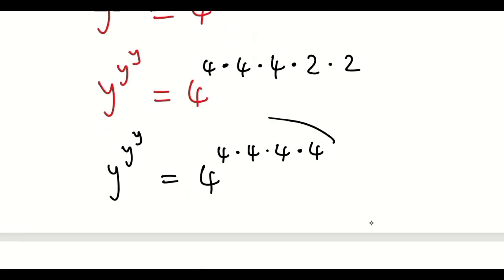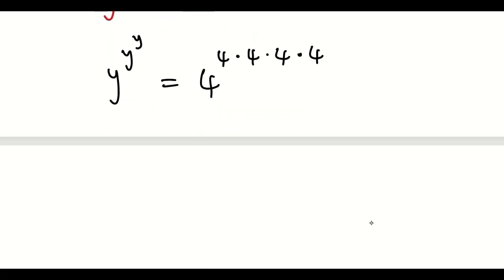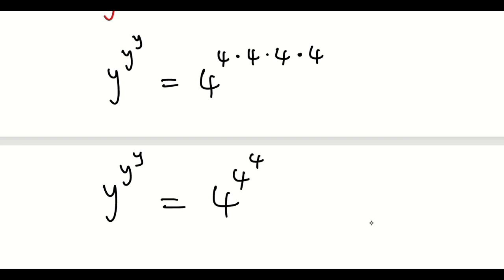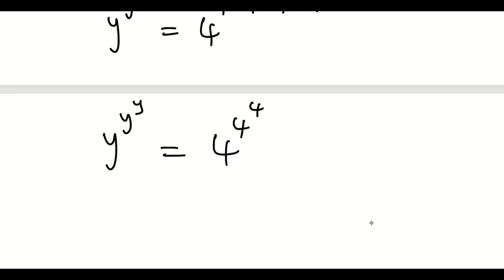I have 4 times 4 times 4 times 4. And I'm going to rewrite it like this. So y raised to the power of y raised to the power of y is equal to 4 raised to the power of 4. See, this one, 4 times itself, 4 times, can be rewritten as 4 raised to the power of 4. Do you see that now? I'm sure you can see what we have on the left hand side and on the right hand side.